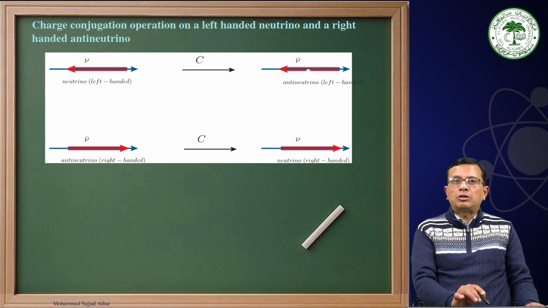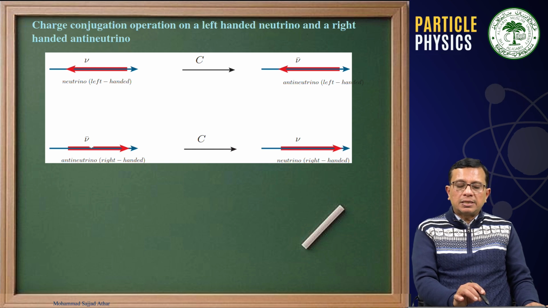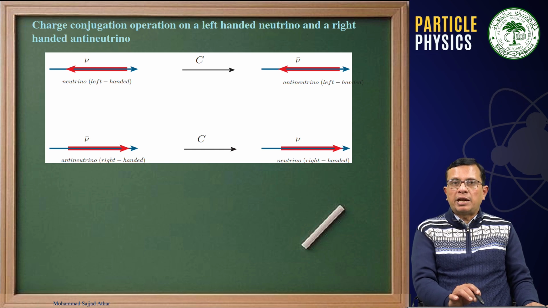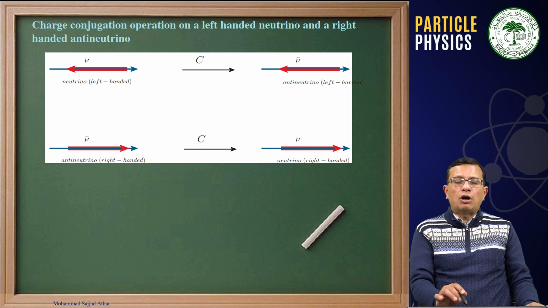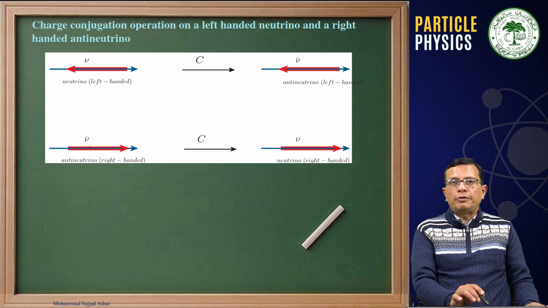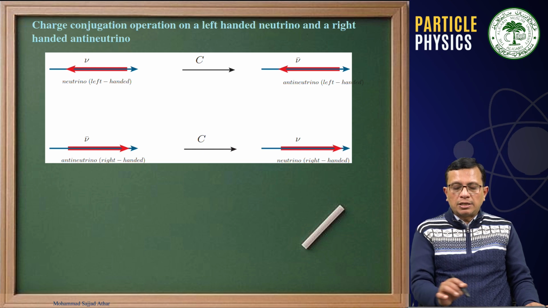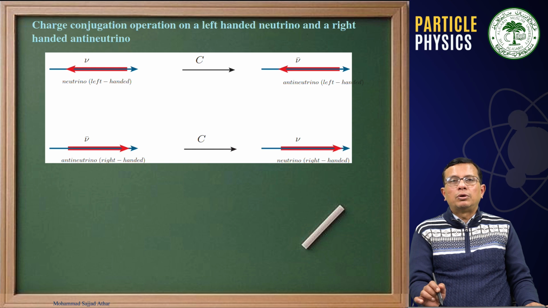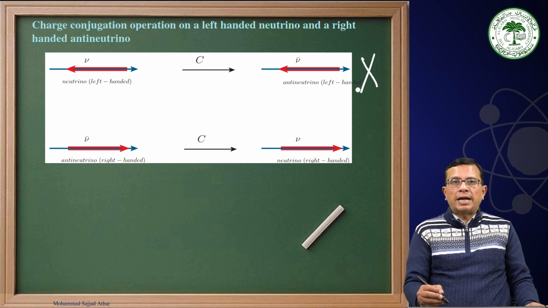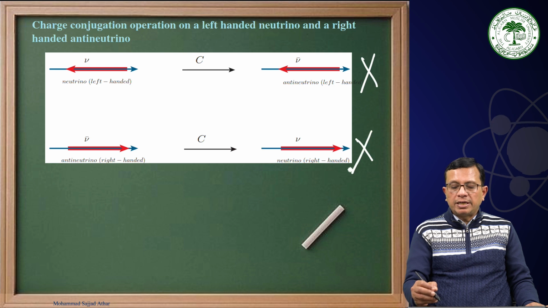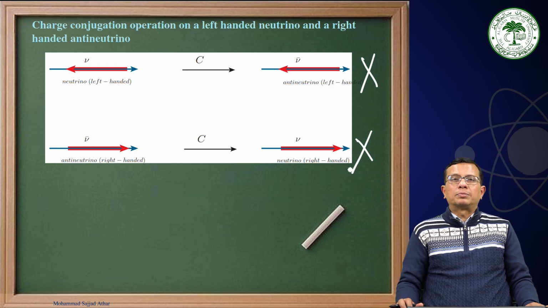Similarly, if we talk about a right-handed anti-neutrino, which has been observed, spin and momentum are projected along the same direction. When we do the C operation, the anti-neutrino becomes a neutrino, and as you can see, this neutrino is right-handed. But we know that left-handed anti-neutrinos and right-handed neutrinos have never been observed.